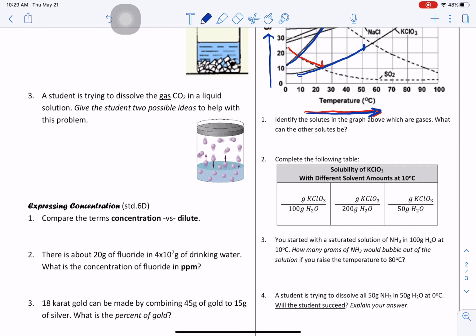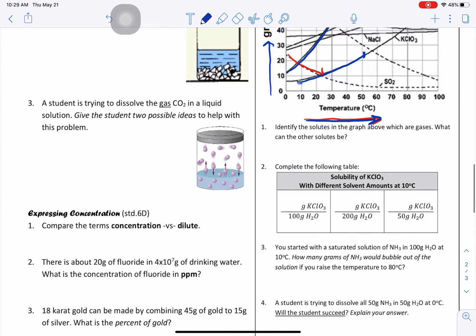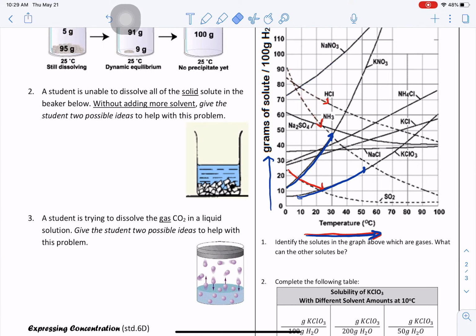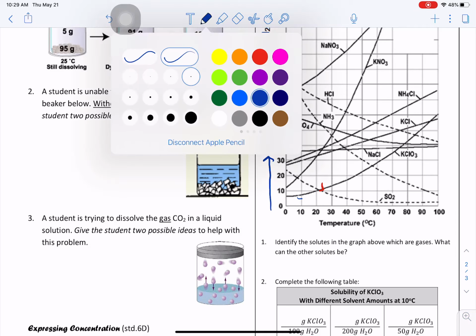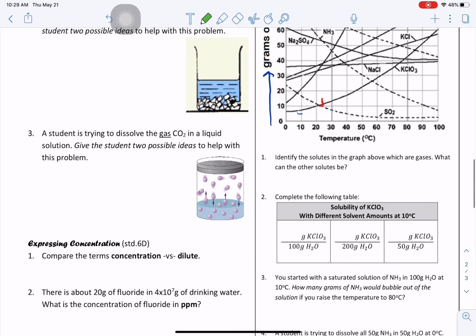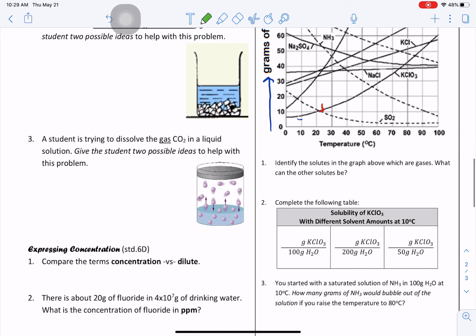It says complete the following table: solubility of KClO3, that's potassium chlorate, with different solvent amounts at 10 degrees Celsius. Let's do green. It asks how much you can dissolve, so the maximum amount.